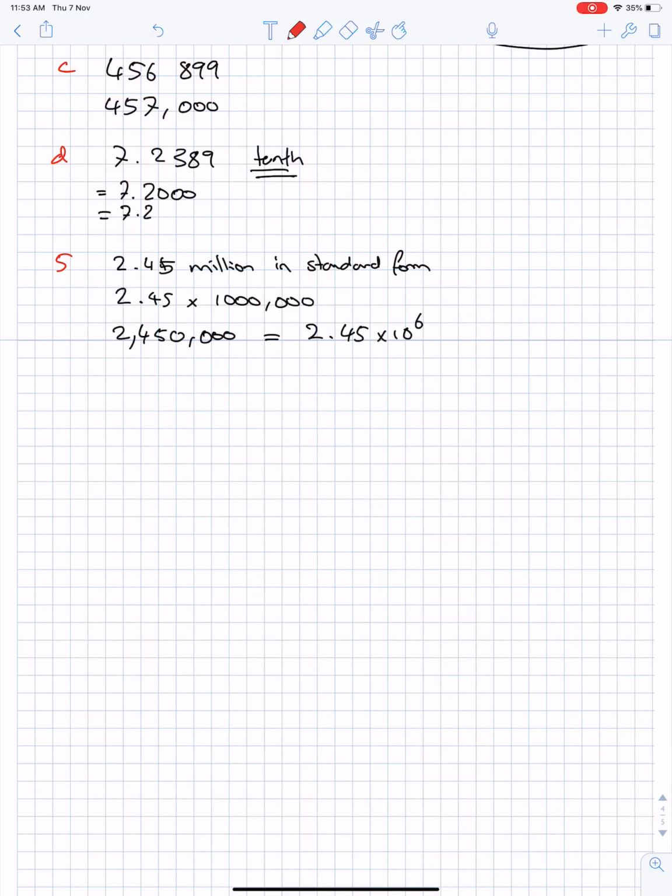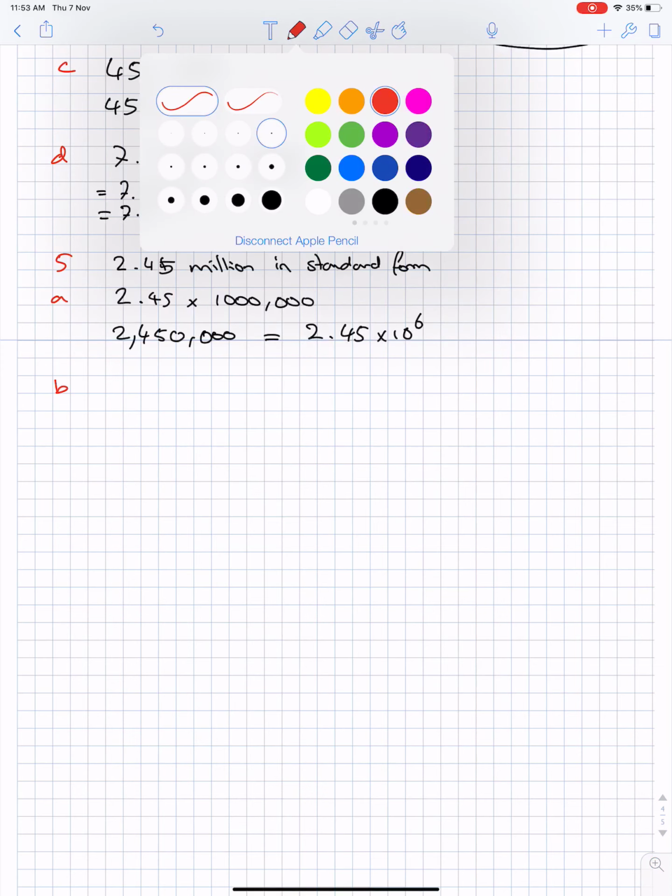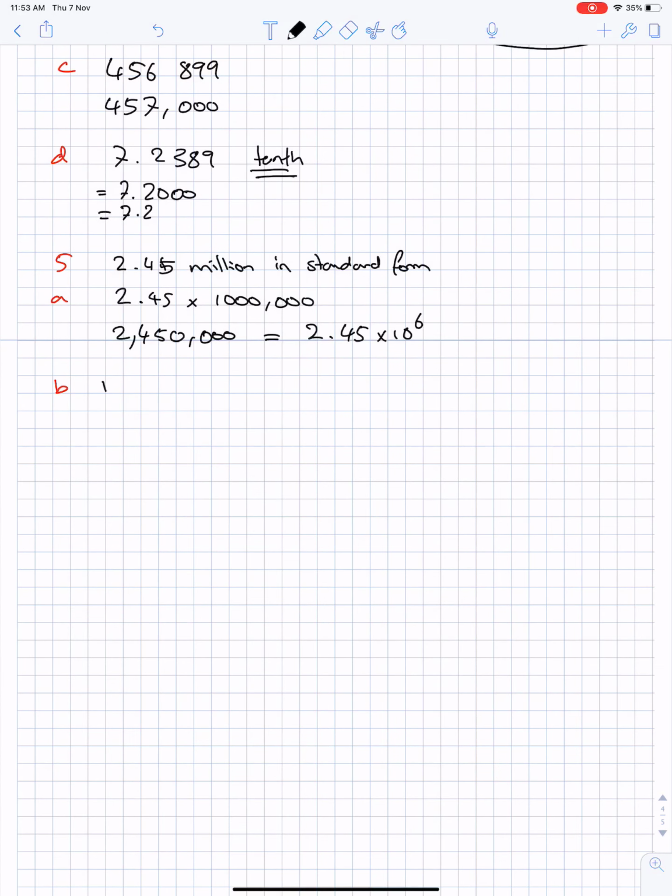What's the next one? That was A. B asks, write 1.27 times 10 to the negative 6 in ordinary form. Right, so I'm guessing that's like decimals.